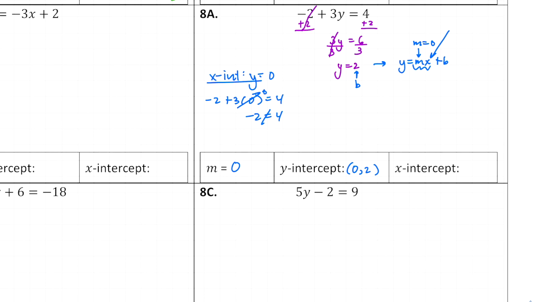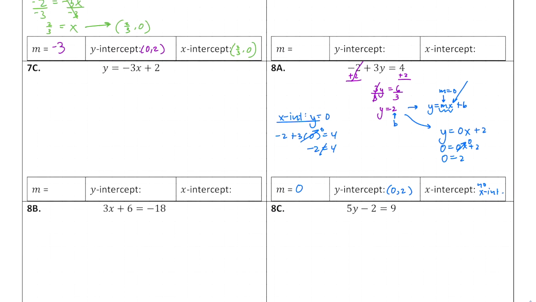So even if I used this form and made it into y equals 0, since that's my slope, times x plus 2, I would get the case where 0 equals 0x plus 2, and then 0 is equal to 2. So I have no x-intercept.